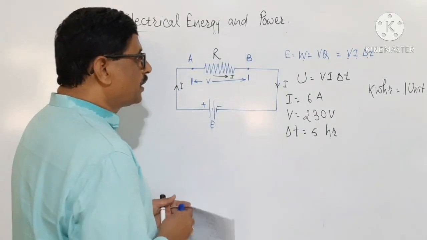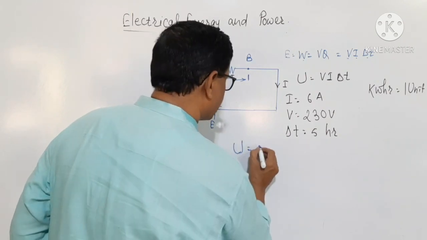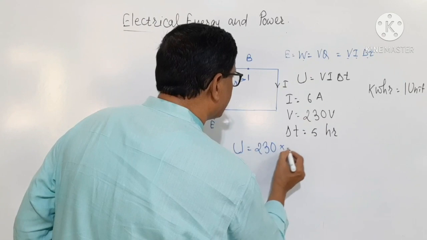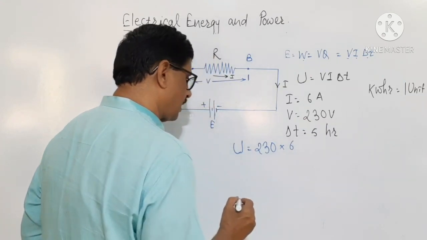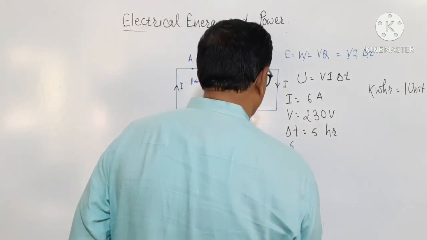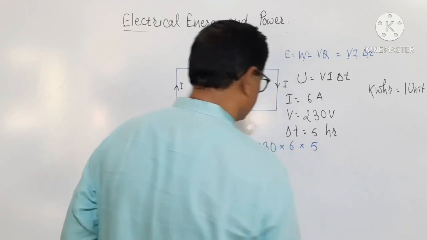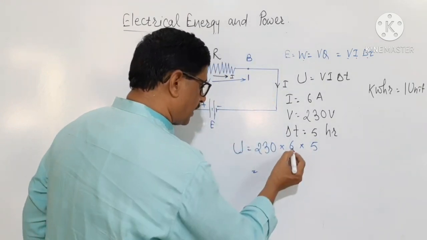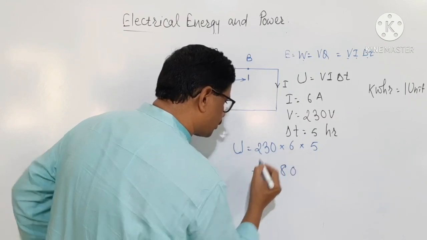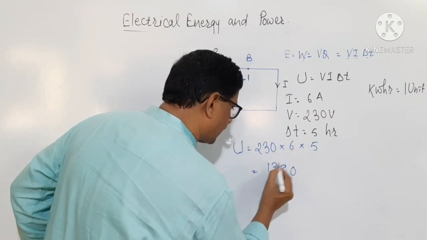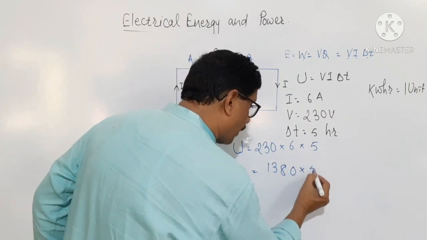Now, here the energy consumed, U, is equal to 230 into 6 into 5. That is 230 into 6, 6 3s are 18, 6 2s are 12 plus 1 is 13, so 1380 watt into 5.